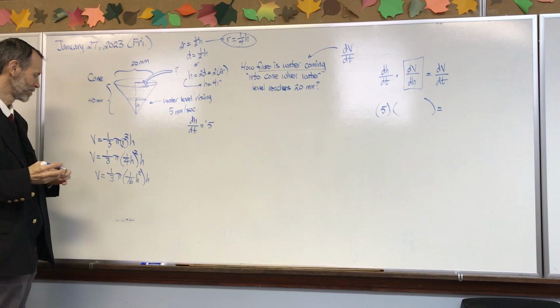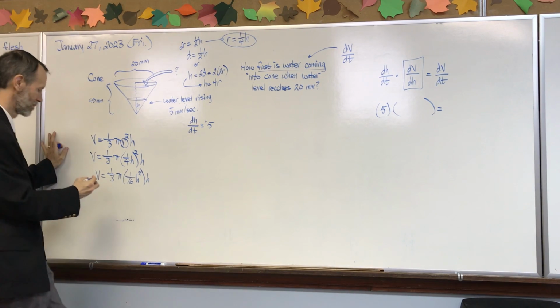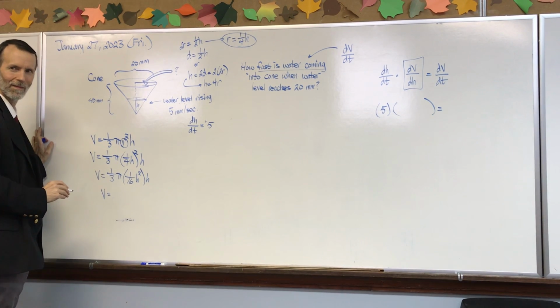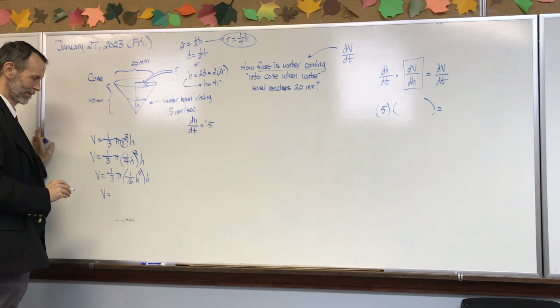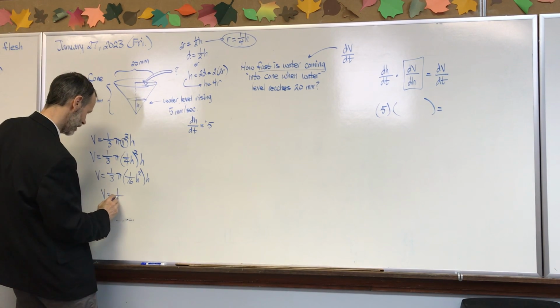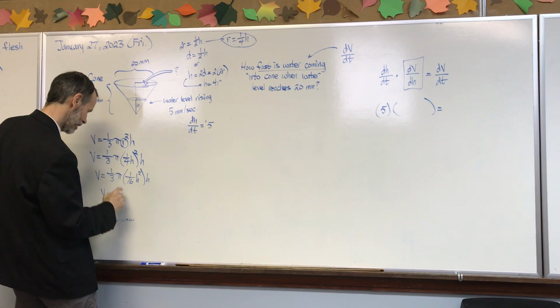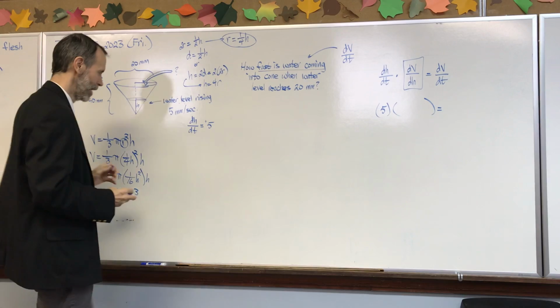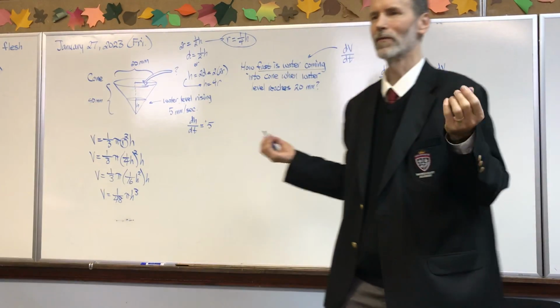Sam, take over. 16 times 3, 48. Pi h cubed, correct. Now, what do you do with that? What's the point of getting that?